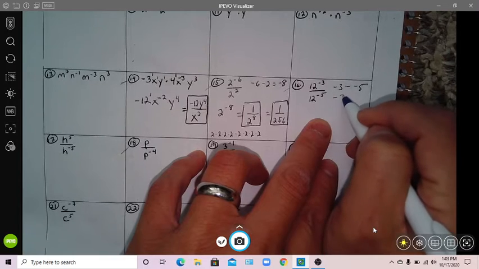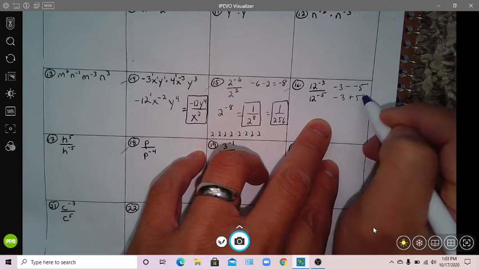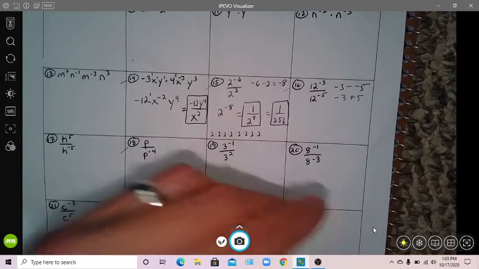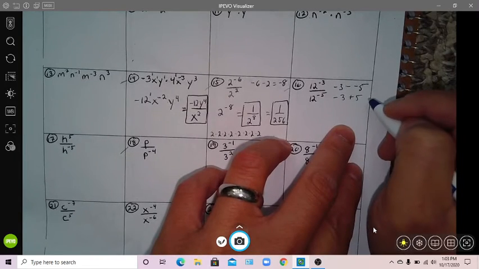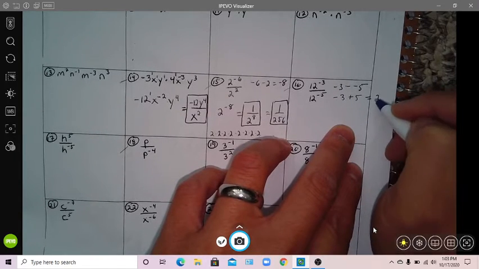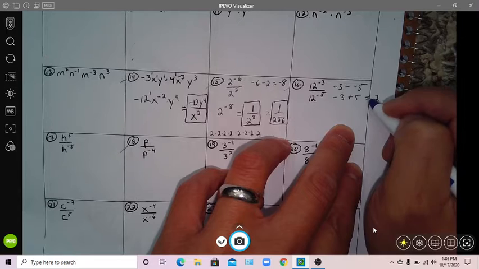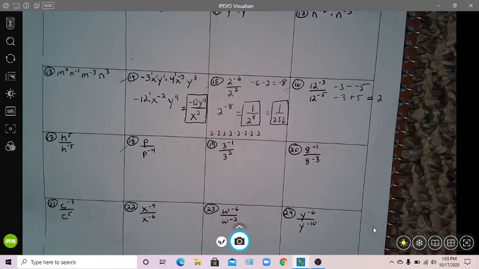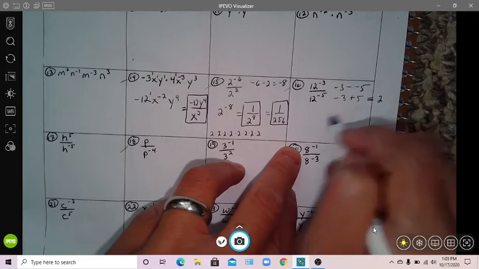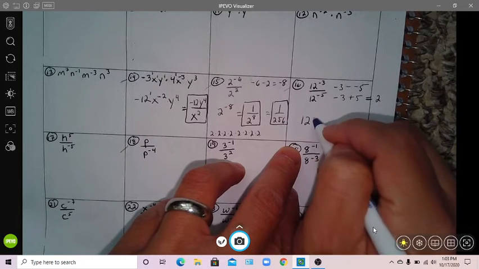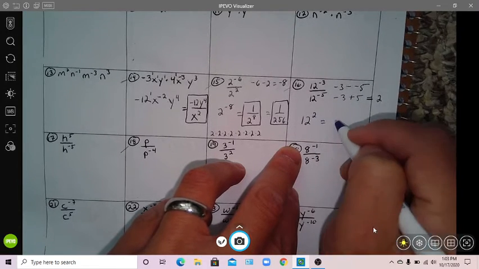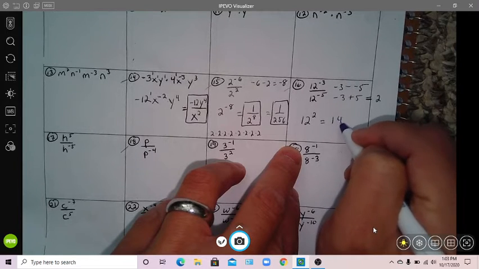So this is a negative 3 plus 5, which equals a positive 2. So this is 12 to the second power, and 12 to the second power is 144.